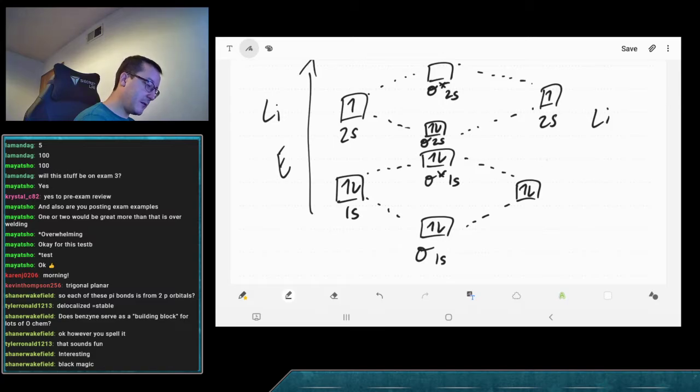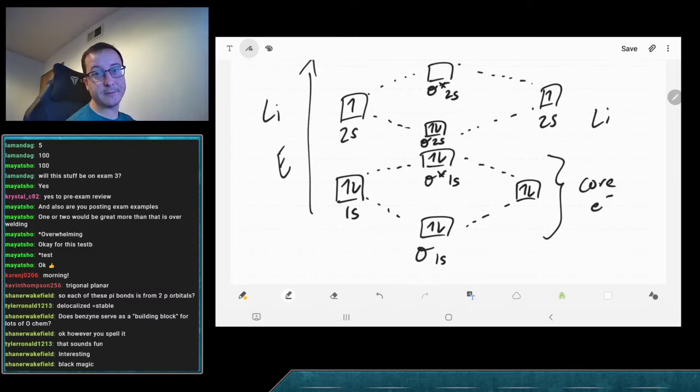So notice our core electrons are going to cancel each other out. That's always going to be the case. This is why we don't see core electrons doing any chemistry, because their molecular orbitals cancel each other out. They're always going to completely fill their bonding and anti-bonding orbitals, so we're never going to see them again. We're not even going to worry about core electrons anymore.